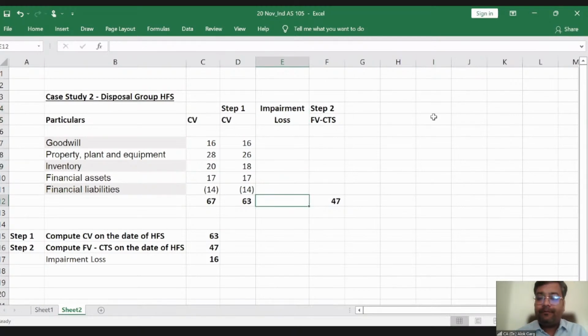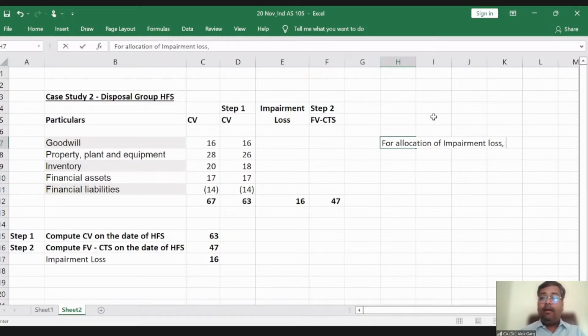Friends, the total is 16 million. In this case, we have to apply the principles of Ind AS 36 for allocation of impairment loss, apply the provisions of Ind AS 36.